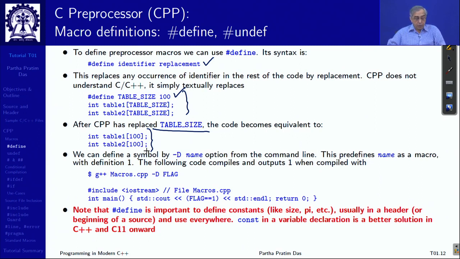So, you can define a symbol not only within the source, but also at the compilation line. If you say macro.cpp with the minus D flag, then flag will be taken by CPP to have been defined. So, if you have a check here for flag is 1, once it is defined, it will be taken as 1.